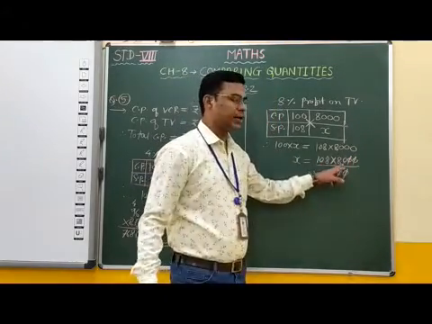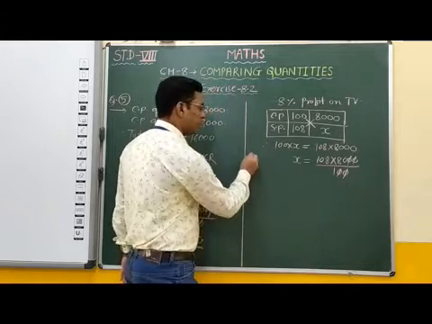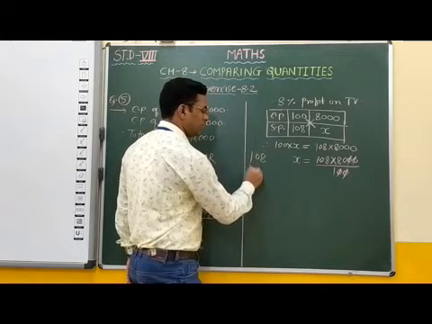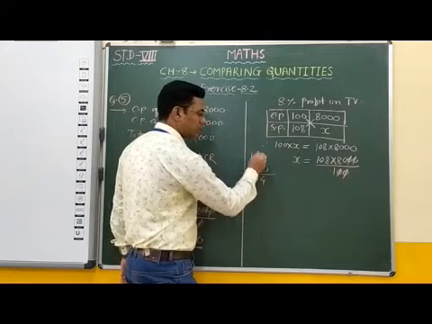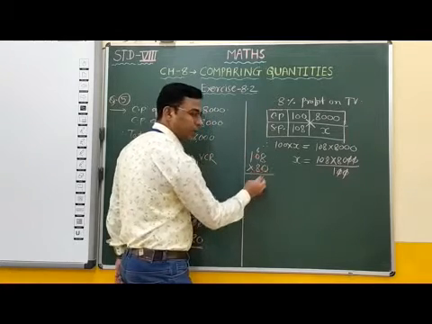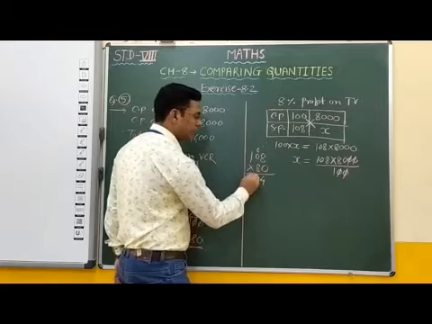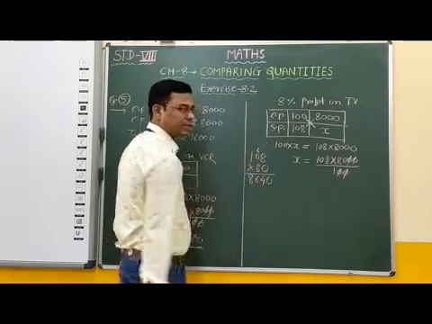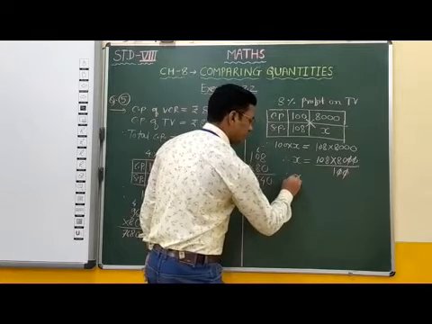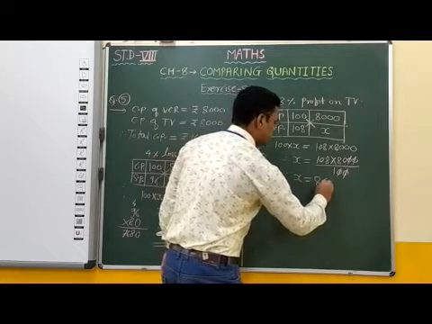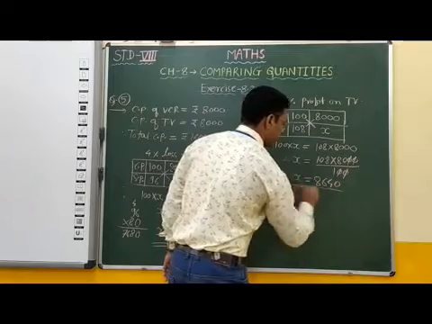These 2 zeros cancel. Therefore 108 into 80. 8 8s are 64, 6 carry. 8 0s are 0 plus 6, 6. 8 1s are 8, and this 0 as it is. Therefore x is equal to 8,640.